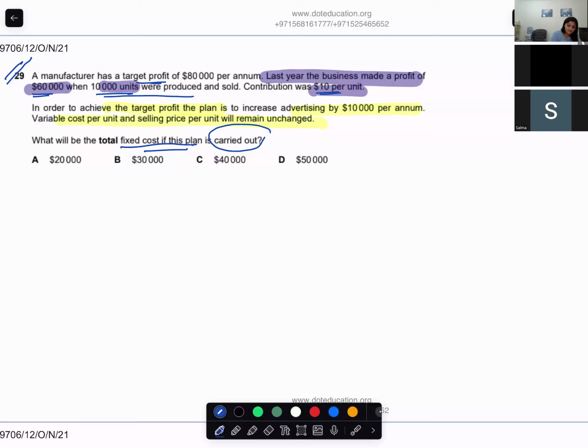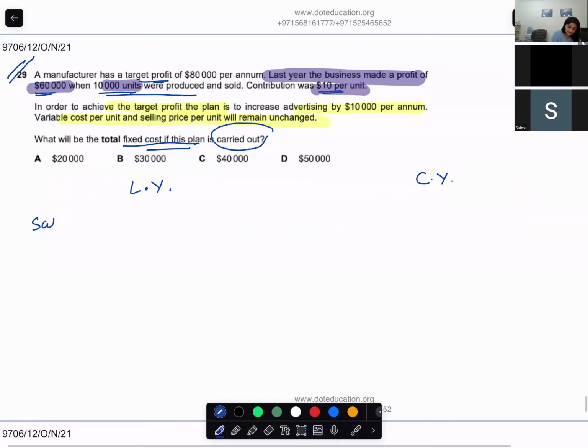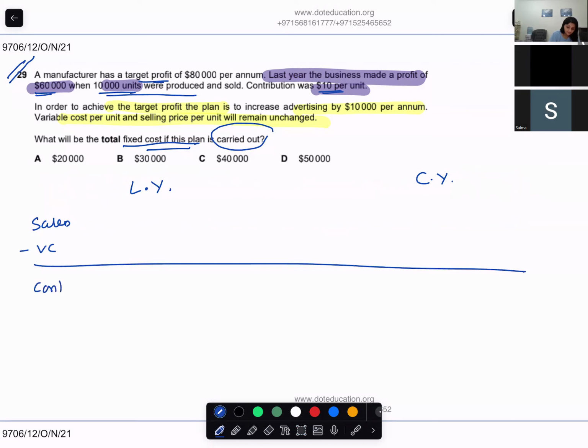So what will I do? This is last year and this is your current year. I know sales minus variable cost is going to give me contribution, and contribution minus fixed cost is going to give me profit.